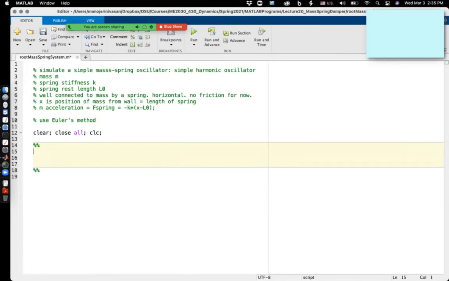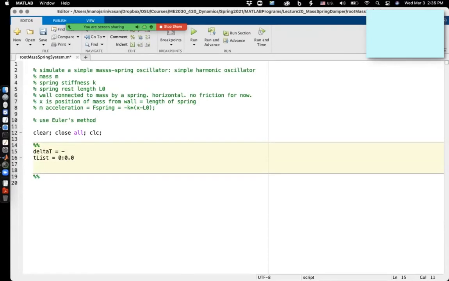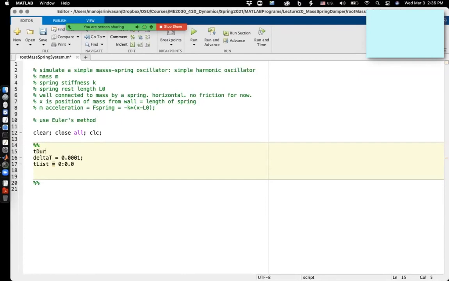So we can say t list equals, let me just use this version, 0.01. Let's say delta t equals 0.001 or something, just like we had there. And then let's say t duration.